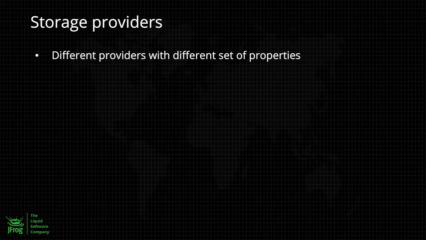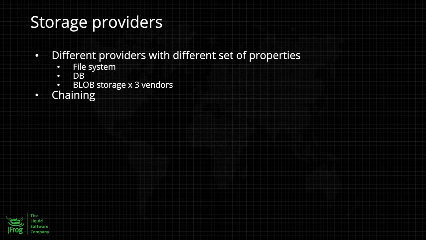First of all, in JFrog Artifactory, you can really choose which storage provider you want to use. You can use a local file system or an NFS. You can store your binaries as blob in a database. You can use object storage on Amazon, Azure, or GCP, or even any implementation of the S3 protocol for on-premise object storage. You can chain different providers.